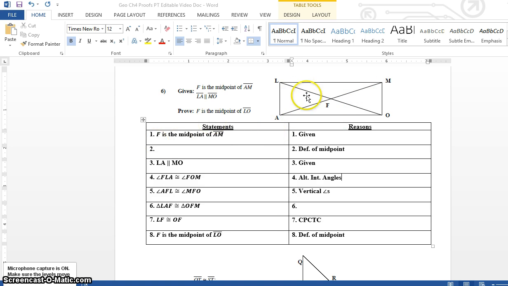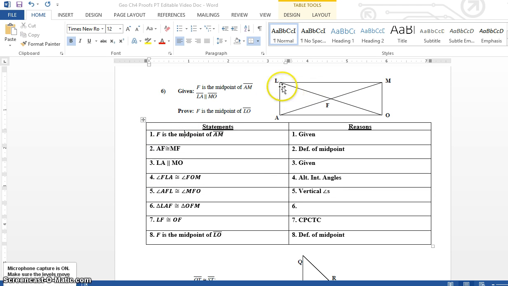So if F is the midpoint of AM, what does that mean? The definition of the midpoint? Well, the midpoint's halfway through there, so these are two congruent parts. So we know that AF is congruent to MF.